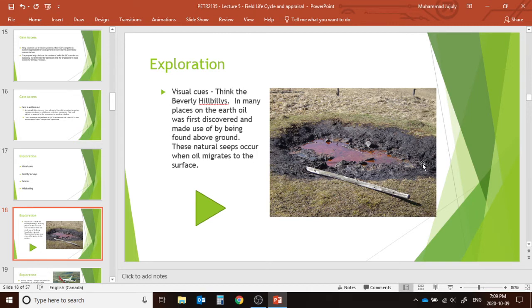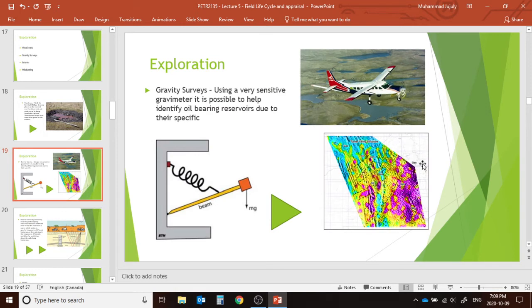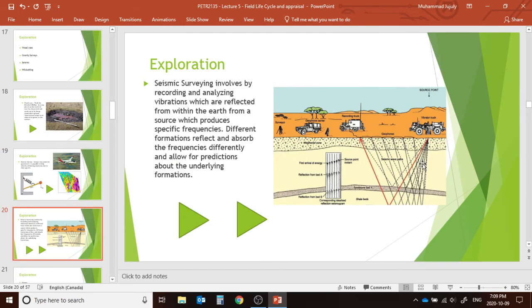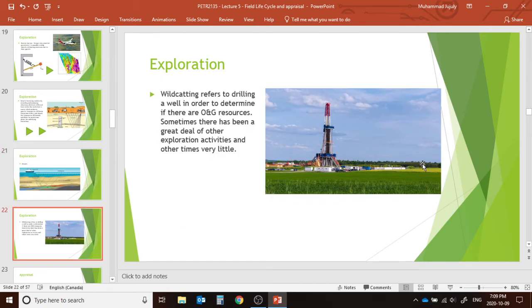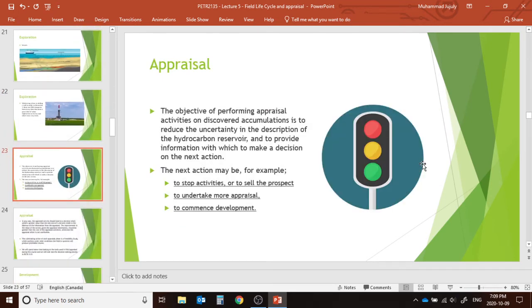So it's about that movie. It's a funny movie. If you can watch it, it's fun. So anyways, this is the visual cues, the exploration. We know how to do the explorations. So yeah, you can watch these videos again and give us a thought. Okay, seismic survey, we all know about these parts from our previous slides.